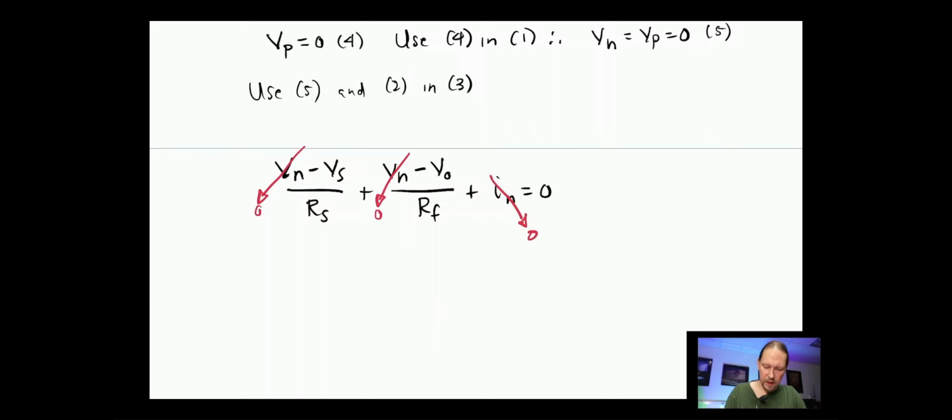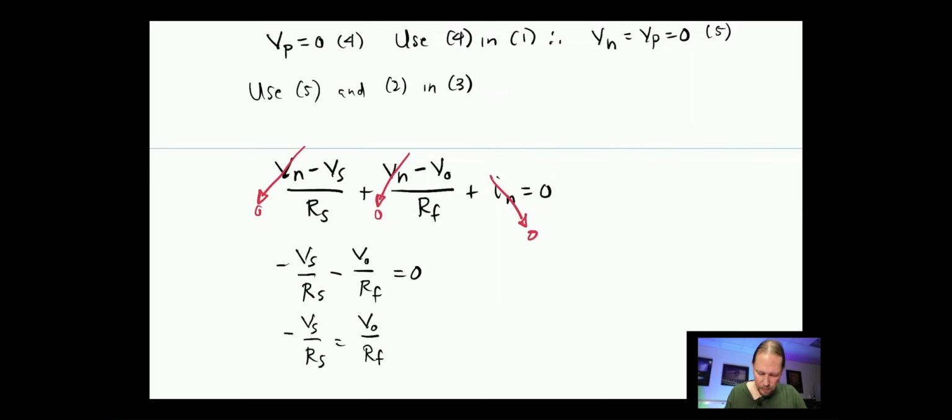This also implies that this equation can be cleaned up a little bit and rewritten as V sub s over R sub s minus V sub naught over R sub f. That's equal to 0. I am solving for V naught, so I can add V naught over R f to both sides. So here I'm going to keep that like this. Here I have V naught over R f.